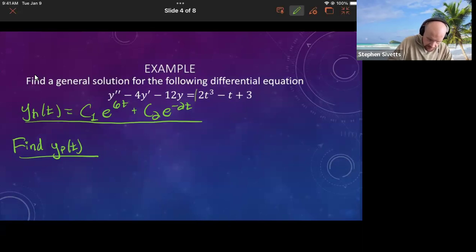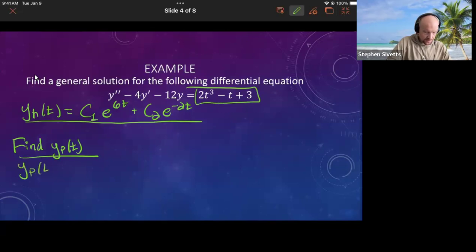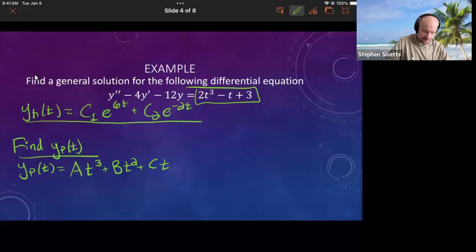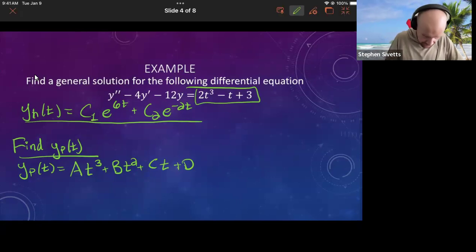We know this right-hand side is a polynomial in t, so we're going to formulate y sub p of t as a cubic function. So y sub p of t would be A times t cubed plus B times t squared plus C times t plus D.